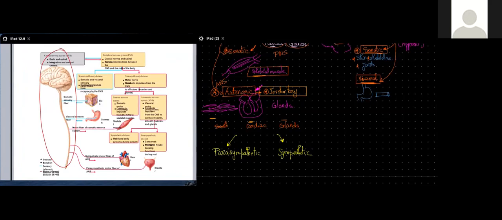This includes the nerves carrying either signals to or from my central nervous system. If I'm carrying sensory signals from the organs to my central nervous system, we classify this as a sensory division.